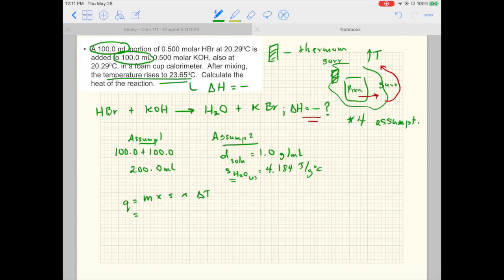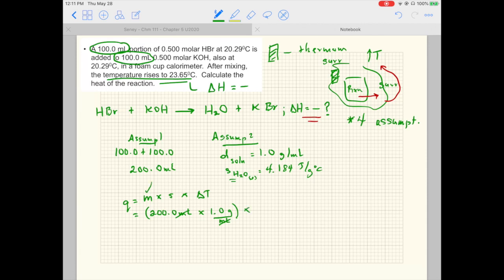We use assumption 1 by using the volume of assumption 1, but again, we need mass units. So we're going to use assumption 2, indicating that the density of the solution is essentially the same as the density of water. That'll get us to mass of solution.